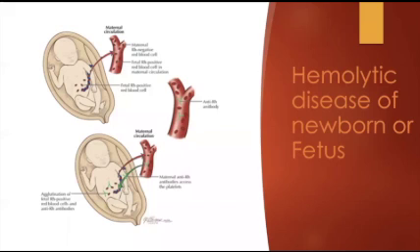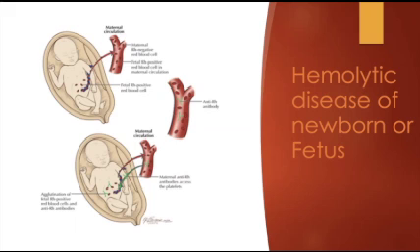So, hemolytic disease of the newborn and fetus is a destruction of the red blood cells of the fetus and neonate by antibodies produced by the mother. Hemolytic disease of the newborn is a condition in which the lifespan of fetal or neonatal red blood cells is shortened due to maternal alloantibodies against red cell antigens acquired from the father.